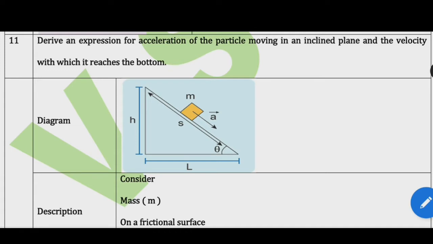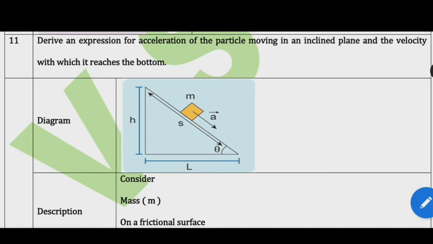When an object of mass m slides on a frictionless surface inclined at an angle theta, the forces acting on it decide the acceleration of the object and then the speed of the object when it reaches the bottom.